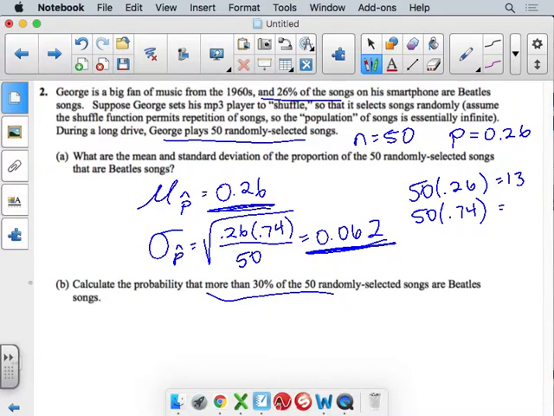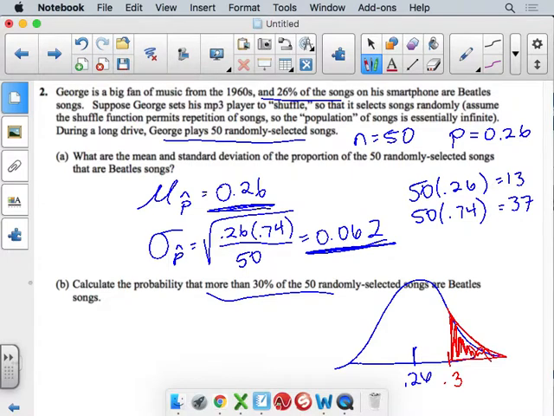Then the other would be 37, roughly about right. Maybe it's 14, but those are bigger than 10. So that means I have a normal distribution with that mean of 26%. And the question is, of the sample size of 50 songs shuffled, how many of those possible samples are 30% or more?